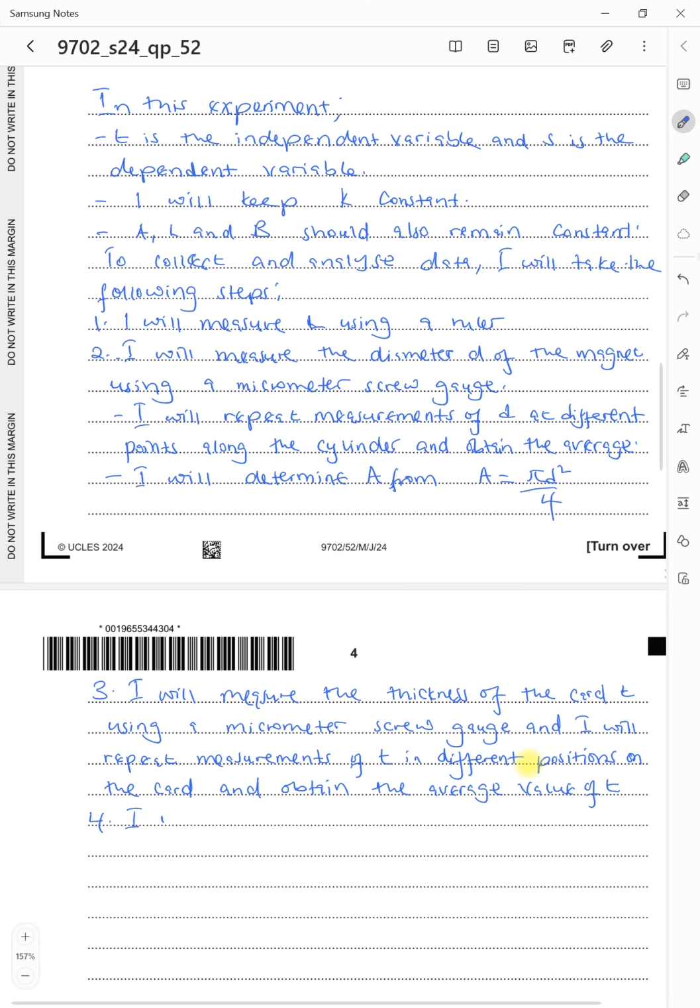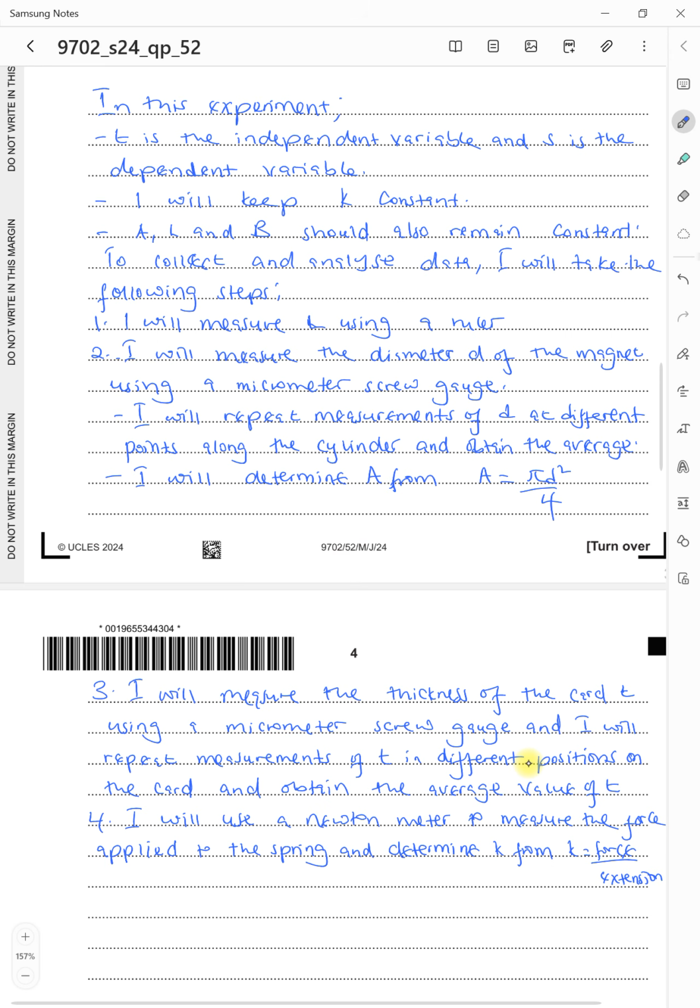So I will use a Newton meter to measure the force applied to the spring, and determine K from K equals the force divided by the extension.